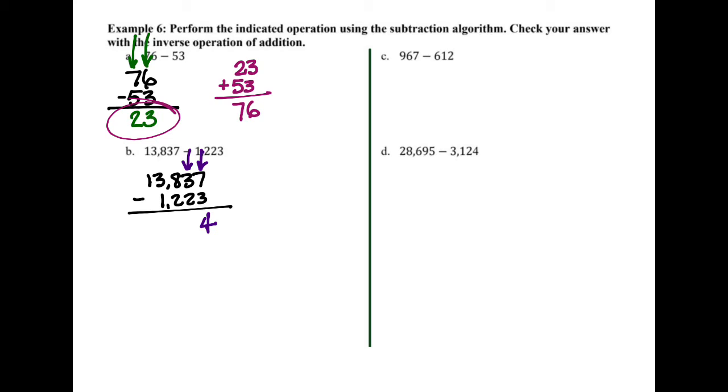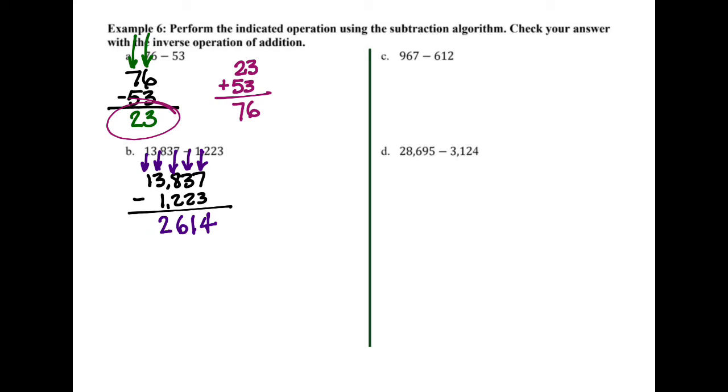In the tens place, 3 minus 2 is 1. The hundreds place, 8 minus 2 is 6. The thousands is 13 minus 1 is 12. And then the 10,000s, 1 minus nothing is just 1.